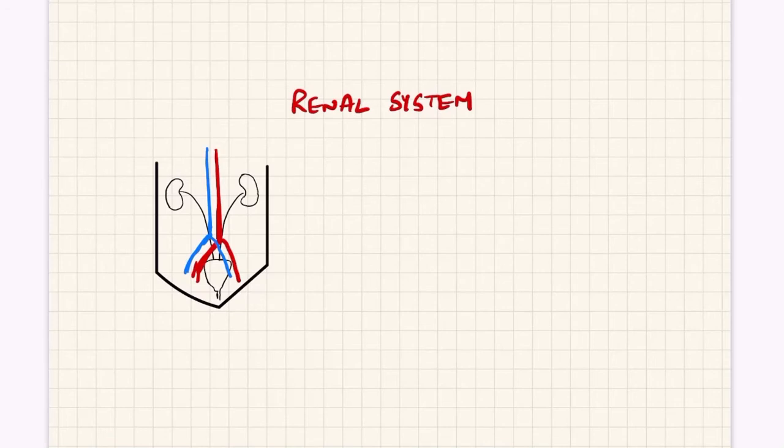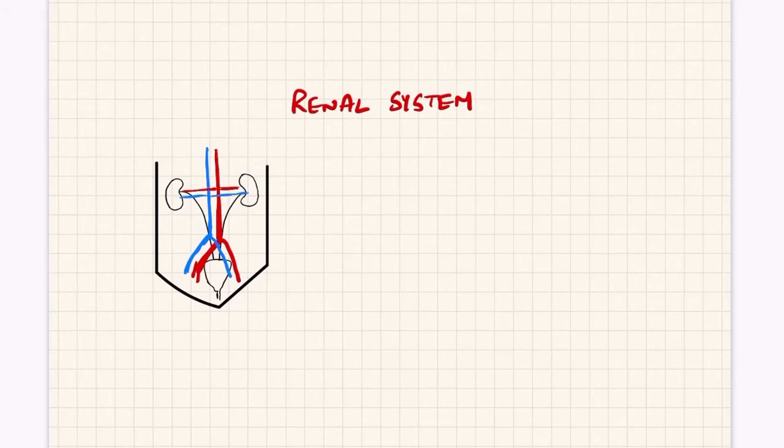So by this fact you need to learn one thing: the left renal artery is smaller and the right renal artery is longer. Similarly, the right renal vein is smaller and the left renal vein is longer.